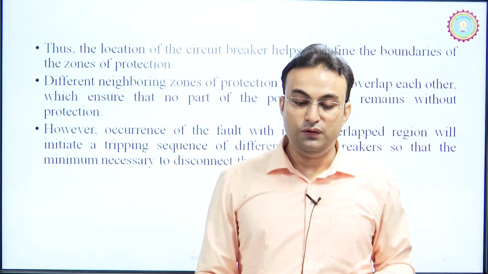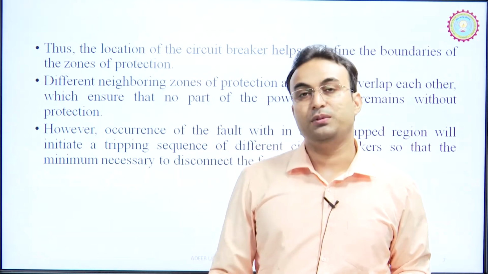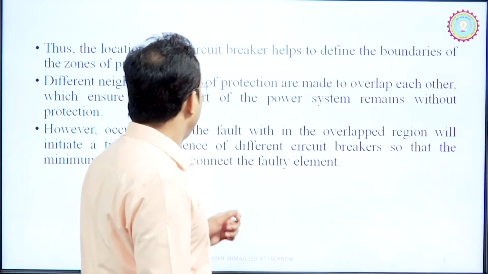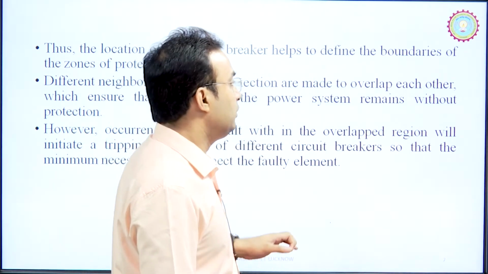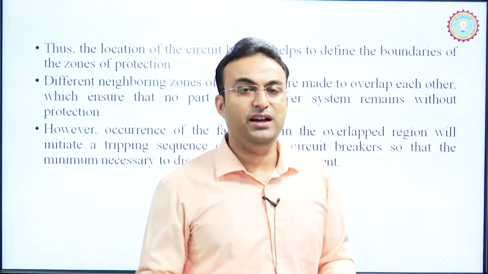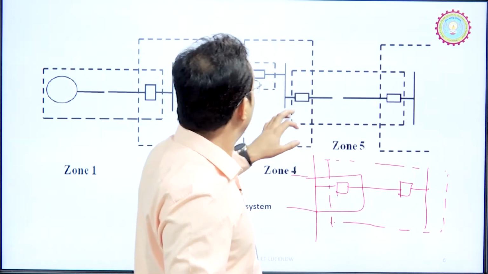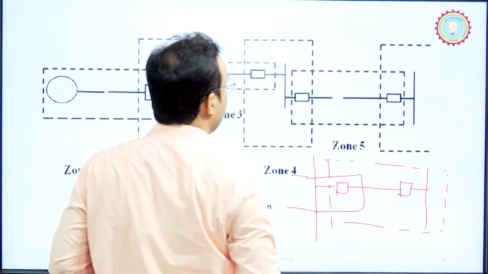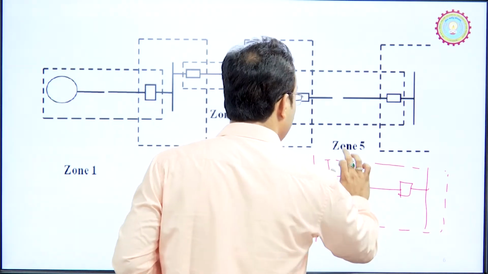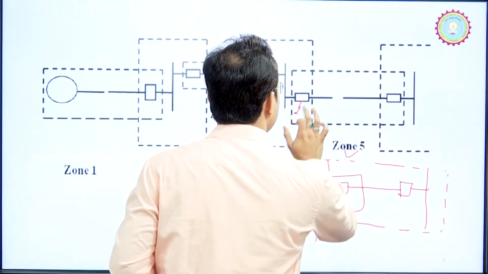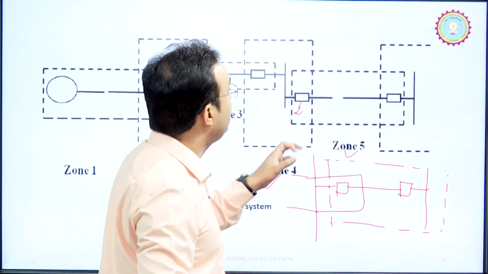However, occurrence of a fault within the overlap region will initiate a tripping sequence of different circuit breakers. This is very important. For example, suppose we have this type of circuit breakers, and this section lies in zone 4 and zone 5. Suppose a fault occurs at that point. What zone of protection will respond first?